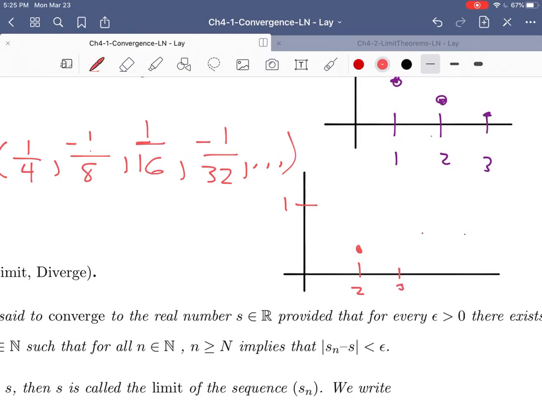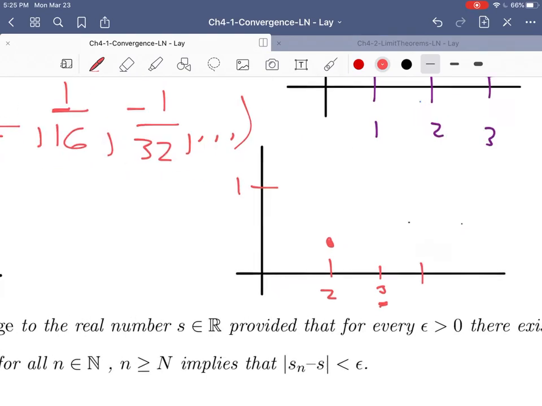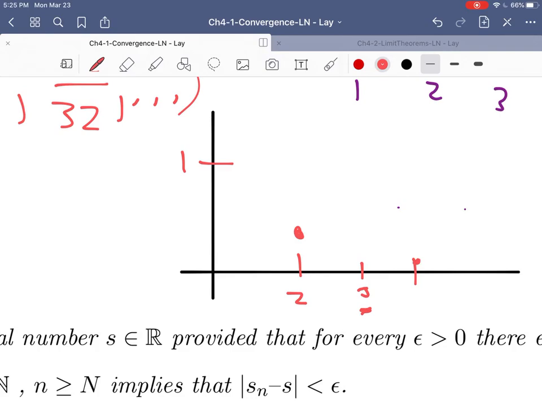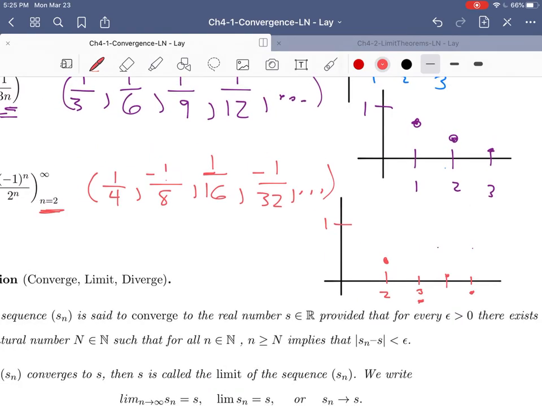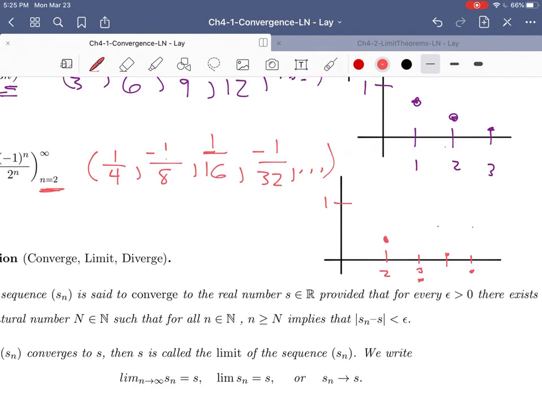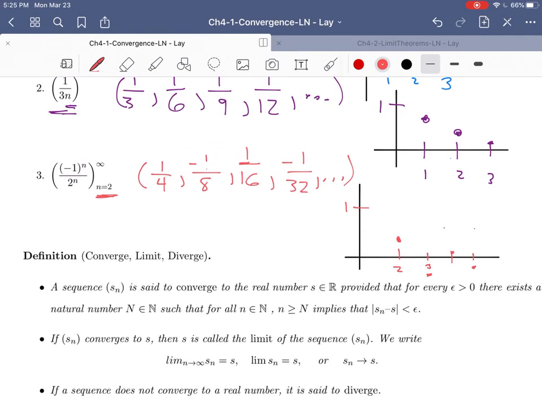When n is 3, we're at -1/8. And then 1/16. And then -1/32, right? And so it's going to just bounce back and forth. But slowly, looks like maybe it's zeroing in on 0. It's getting closer and closer, right?